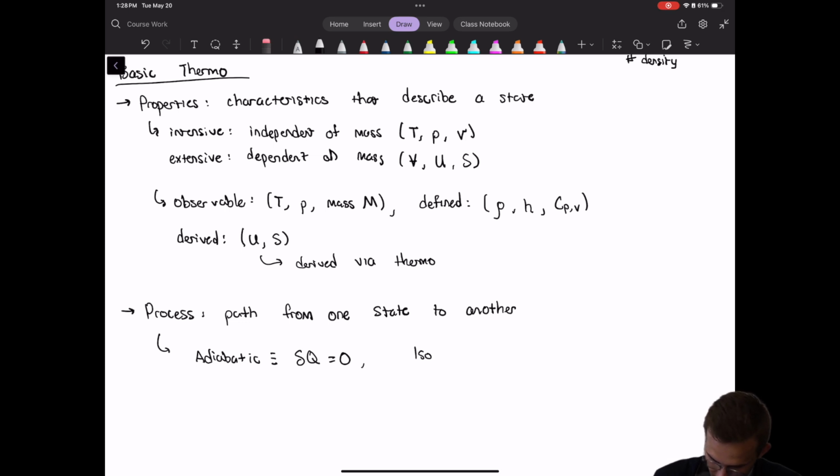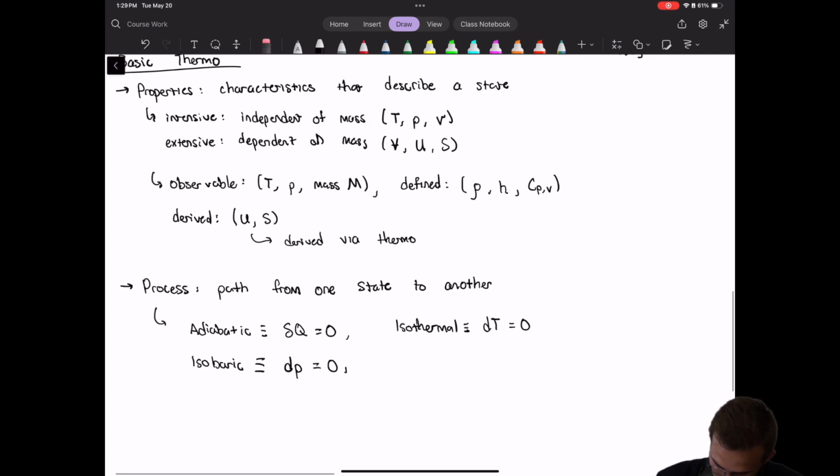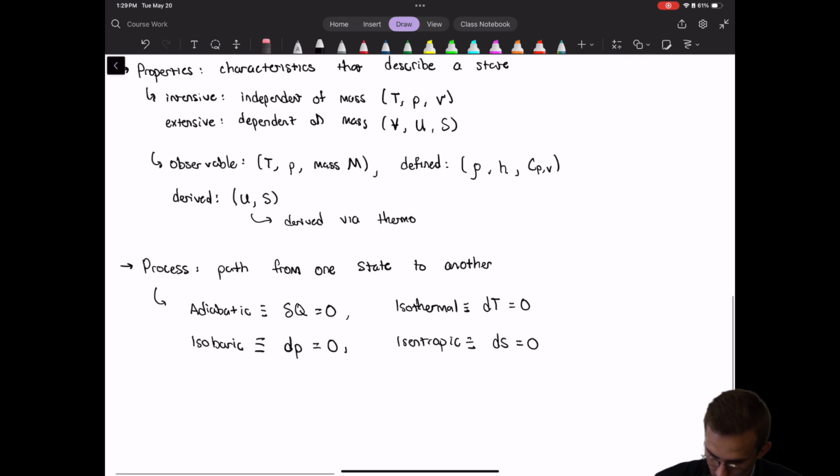There's also isothermal. The big hint is in the name: this is the case where there is no change in temperature, dT equals 0. There's also isobaric, again a hint in the name, bar being a unit of pressure, dP equals 0. We also have isentropic, where the entropy change is equal to 0.